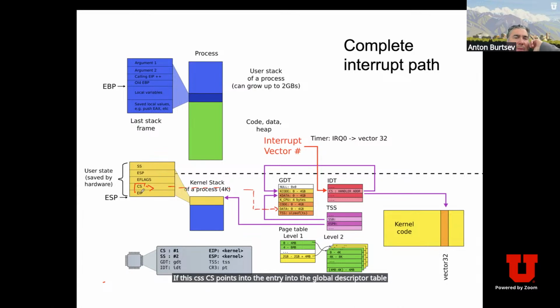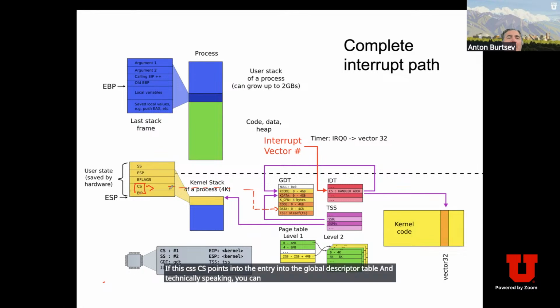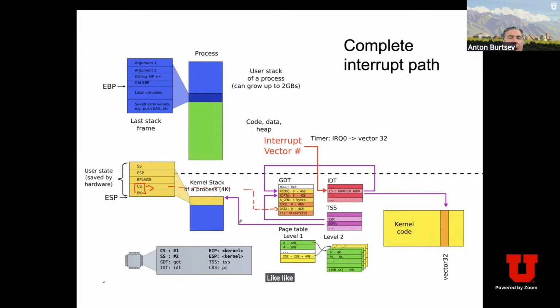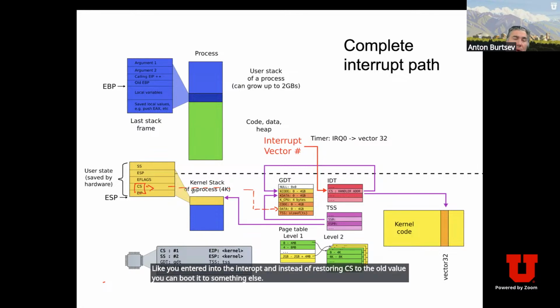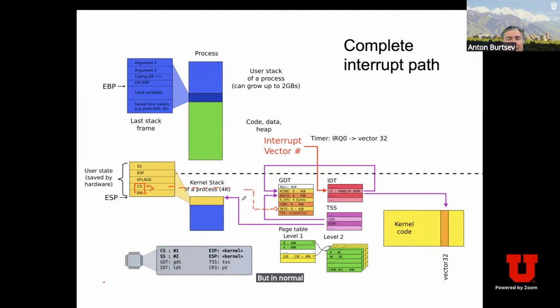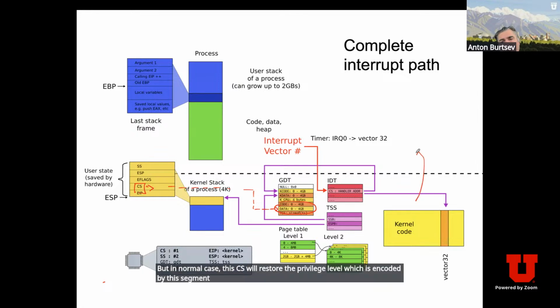Technically speaking, you can change CS. You entered the interrupt, and instead of restoring CS to the old value, you can put it to something else. But in the normal case, CS will restore the privilege level encoded by this segment. So when we're exiting from the interrupt, we are transitioning from privilege level 0 into privilege level 3, right? That's how it's done.